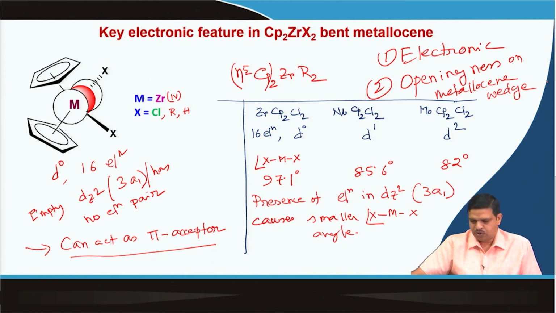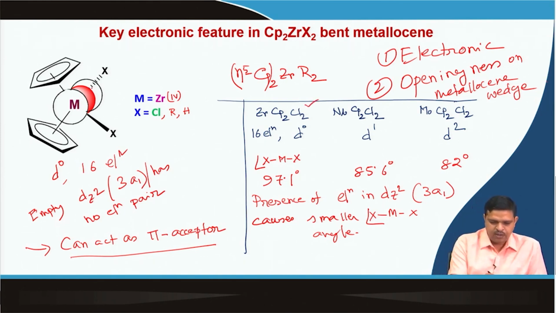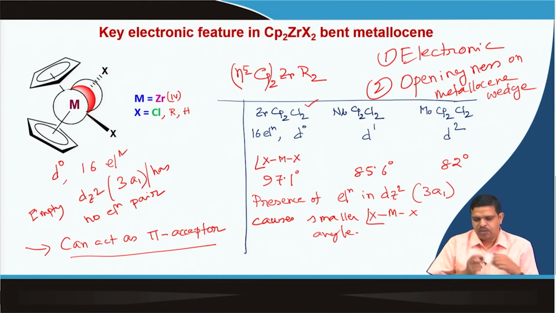In the zirconium analog, this angle is larger, 97.1 degree, that is the Cl-M-Cl angle.